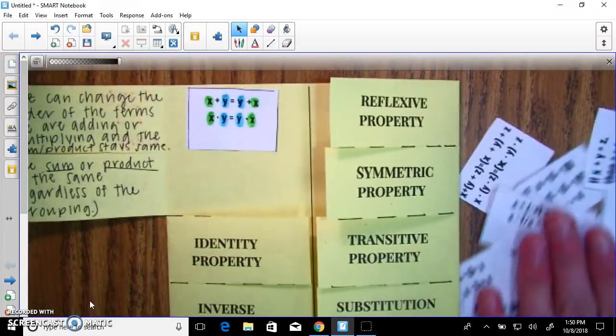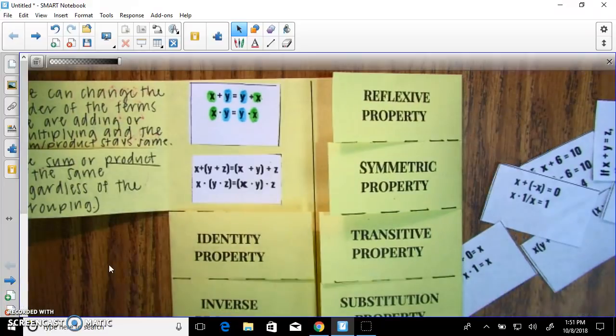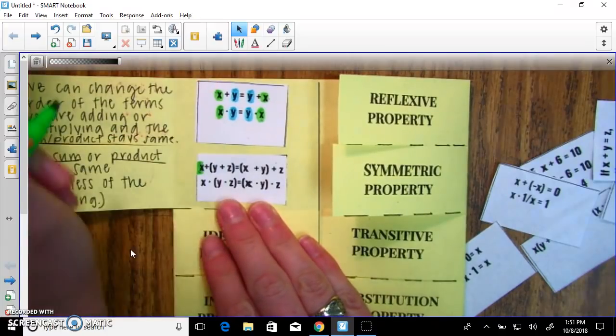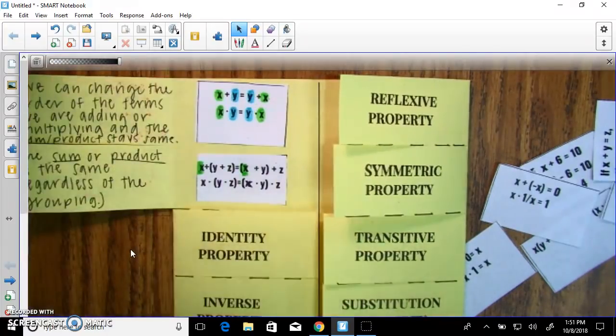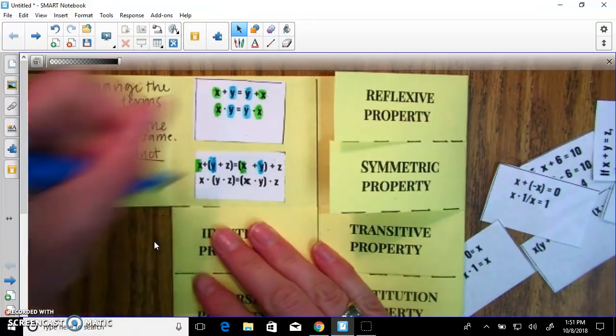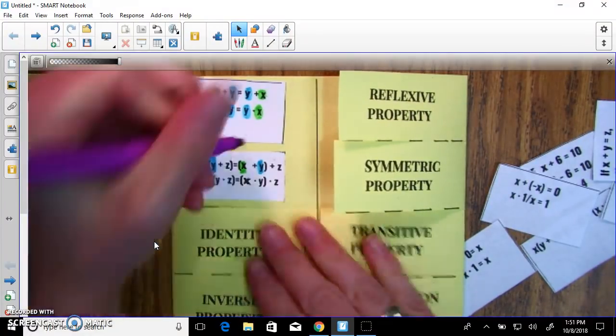So let's go ahead, look in here, find which represents associative. All right, hopefully you found that this is it. So notice the order of the items doesn't matter. I have x plus y plus z is the same as x plus y plus z. So the order is staying exactly the same. X comes first, then y, and then z is the last one. The only thing that's changing is the grouping.